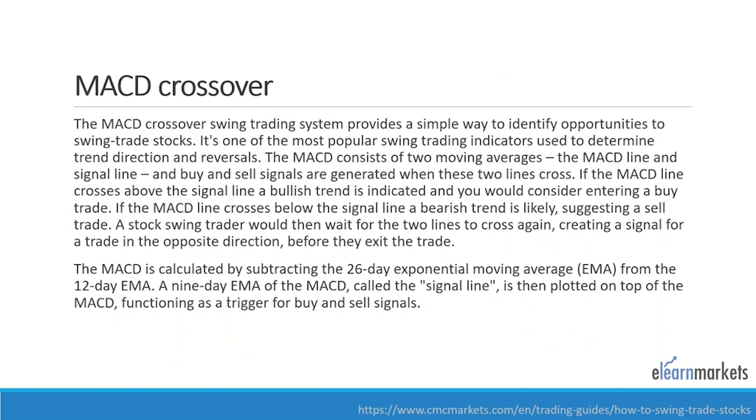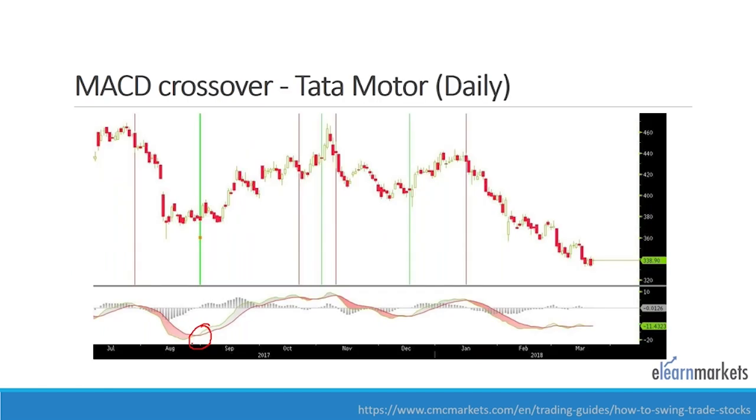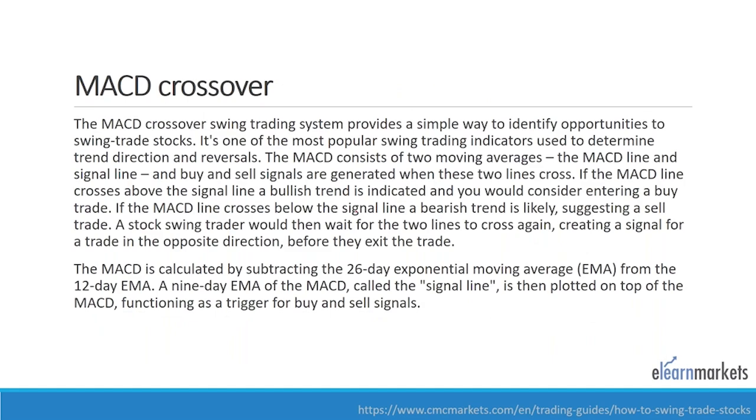If MACD is crossing the signal line, just like here, it is an indication of, again, the same thing: a short-term indication that the price will tend to go up because the momentum towards the price going up has suddenly come into the picture. So MACD is nothing but the difference between the 26-day exponential moving average and the 12-day exponential moving average.